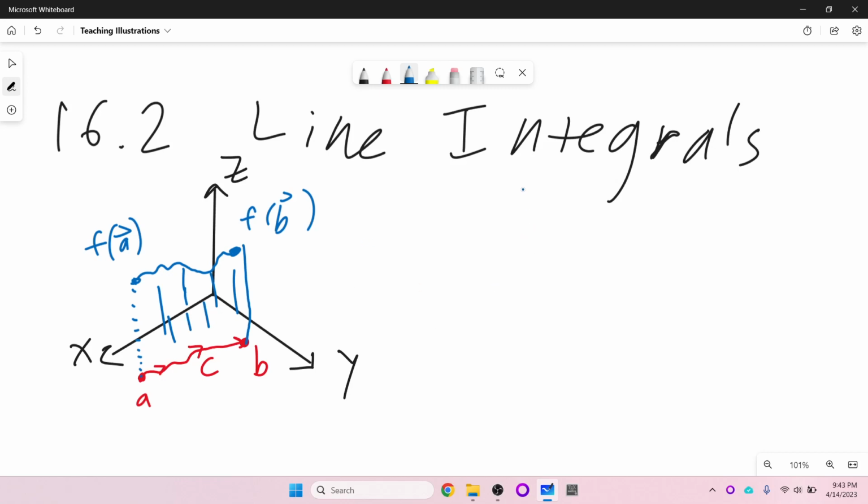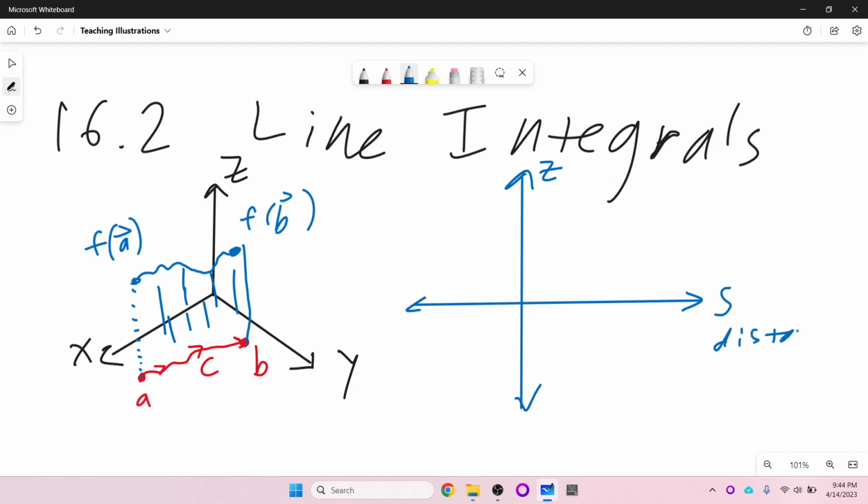Well, we could straighten this out. What I said on the first day of class is don't reinvent the wheel. Let's put this in terms of what we already know. z would be the height. But along this axis, it won't be x or y, because x and y are both changing. We will call it s, where s represents distance along the path.